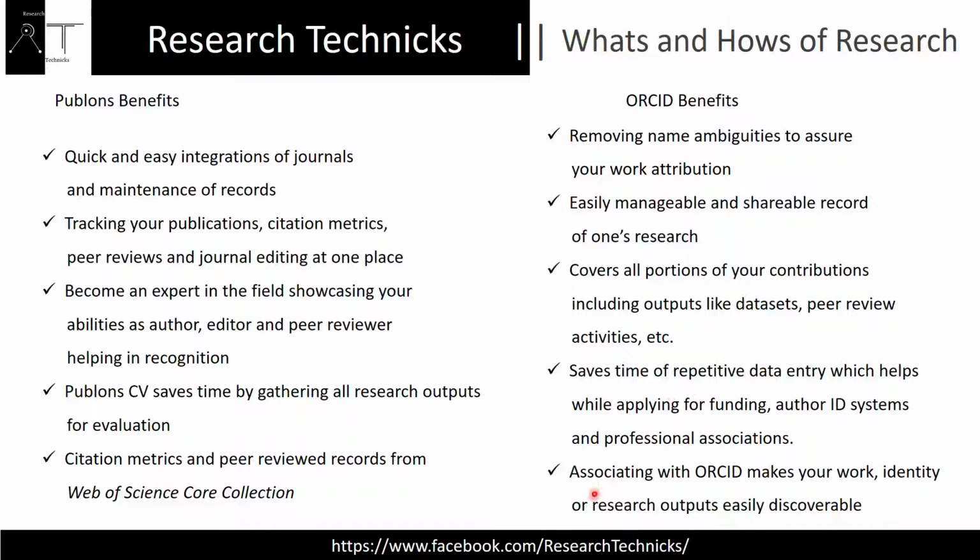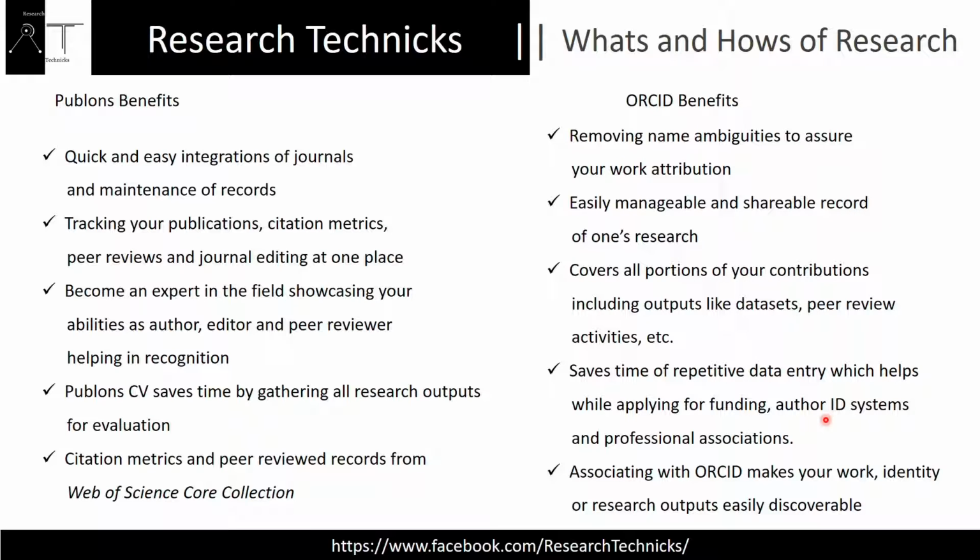Next, associating with ORCID makes your work identity and research outputs easily discoverable. Simple. If someone asks you to show what you have published, what you have done, instead of sending a long mail or lots of attachments, your one simple ID will provide you everything.